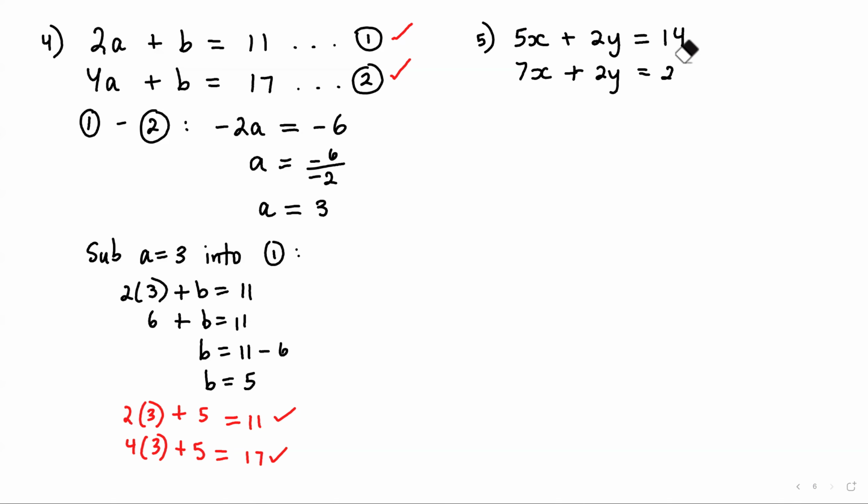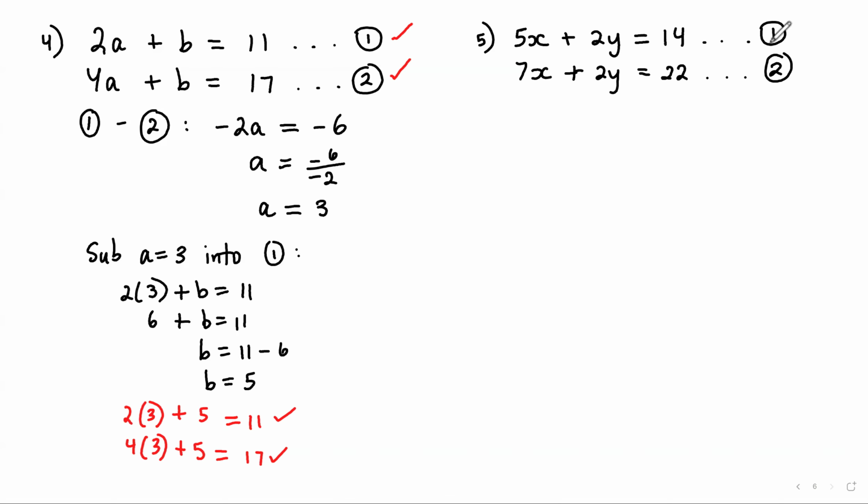Right? Guys, part of your solution, though, is writing in these annotations. If you do not do that, you're going to get it wrong. You're going to lose marks, right? So part of it is actually putting in those annotations, meaning you have to label your equations and then you have to write the annotations like 1 take away 2 or substitute A into. That is part of the solution.